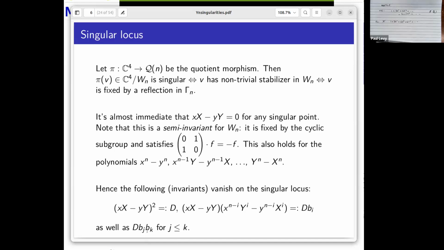And we've also got d, bg, bj, bk, but now this won't have this xx minus yy term. So d, I didn't have space for it. This is x to the n minus j, y to the j minus y to the n minus j, x to the j, times the same thing for k.